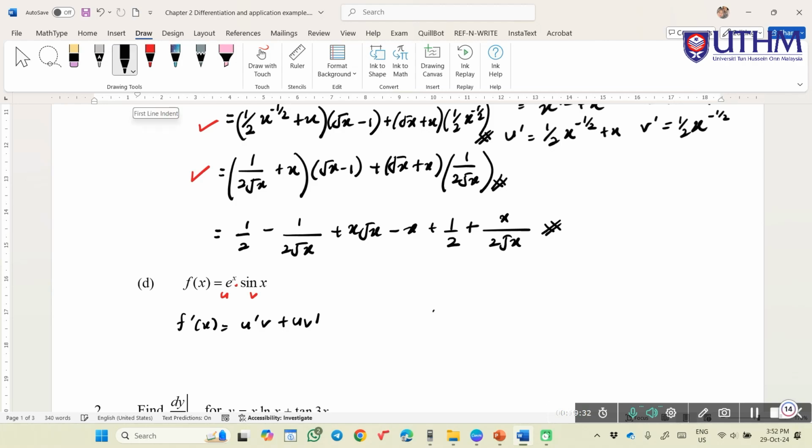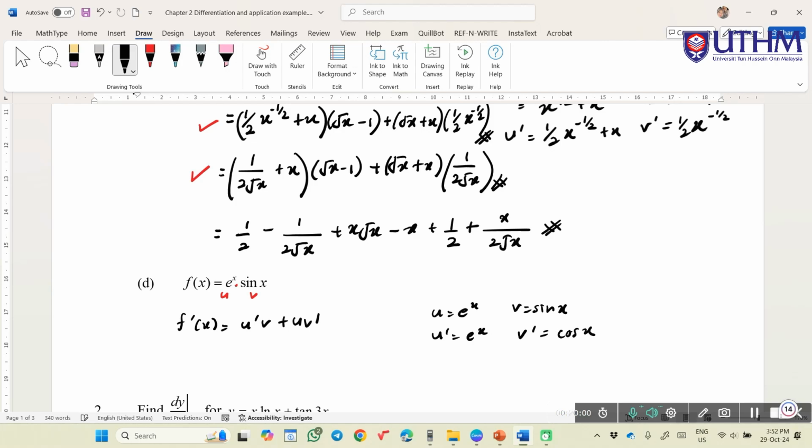Okay, so our u now is exponent x, our v now is sine x. So u prime is exponent x. Look at the basics of differentiation. The differentiation of exponent x is exponent x, but it depends on the power of the exponent. The differentiation of sine x is cos x.